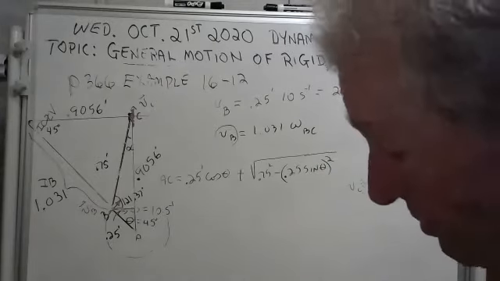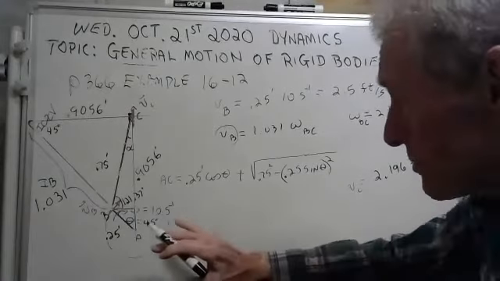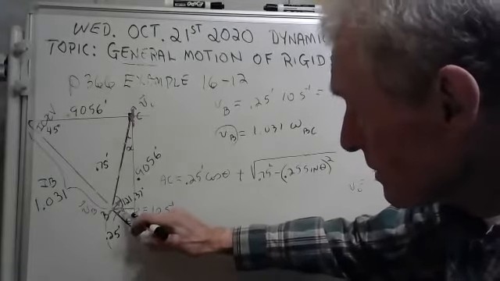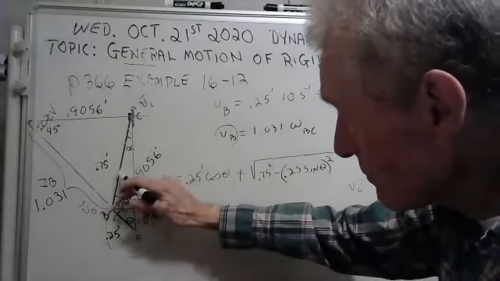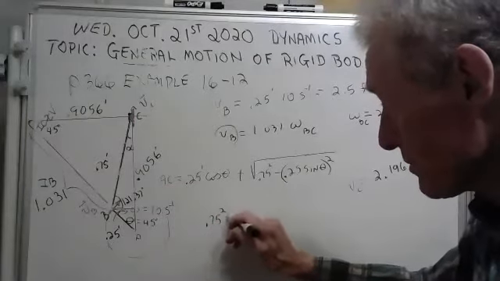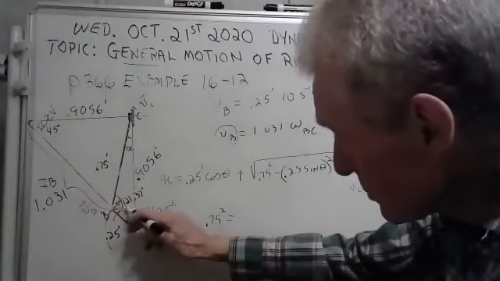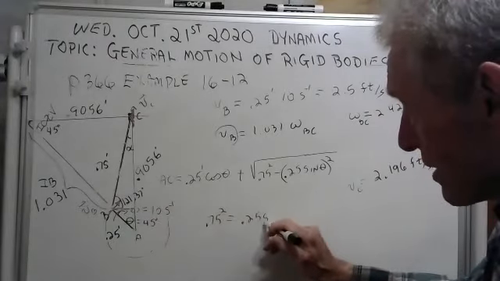I told you this is the hardest method, and it's ugly. But you know Pythagoras. Pythagoras says this side squared plus this side squared gives you the 0.75 squared. Well, this side here, you know what that is? That's 0.25 sine of theta.